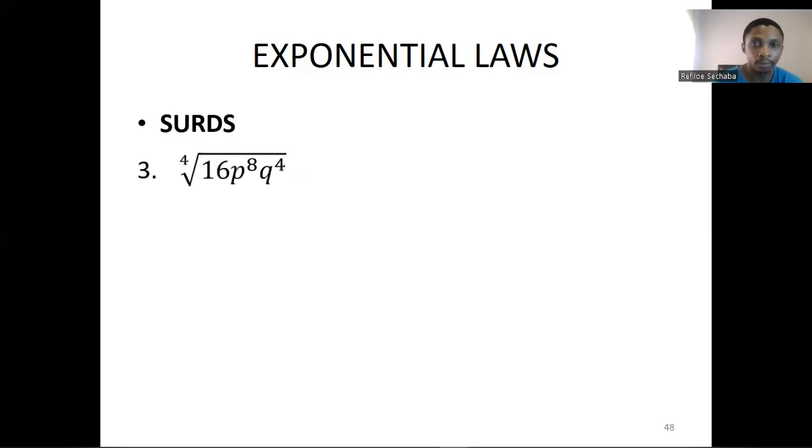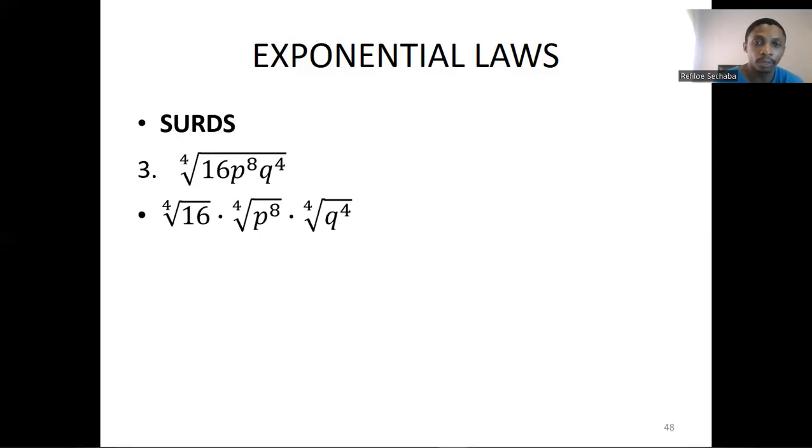Try this one. Now here you'll find the fourth root of 16, the fourth root of p to the exponent of 8, and the fourth root of q to the exponent of 4.